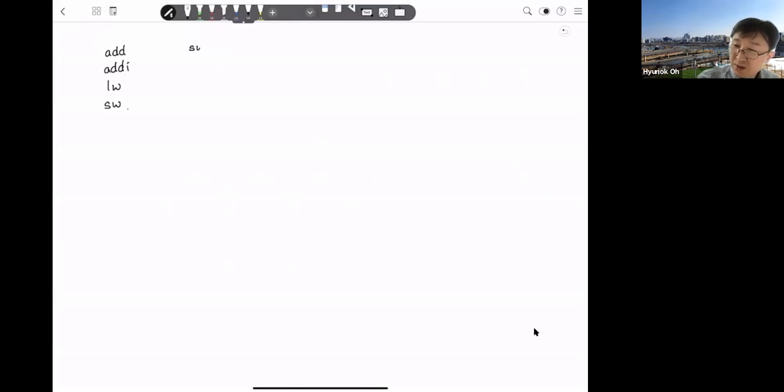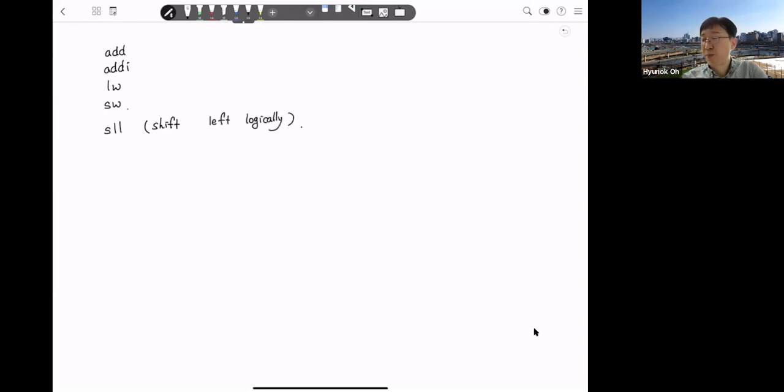Actually, there is another one, subtraction, which we saw there even though we didn't know about it. So let's look at the shift operation, shift left logically.